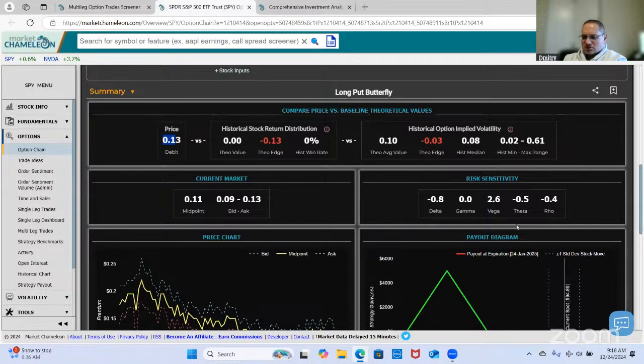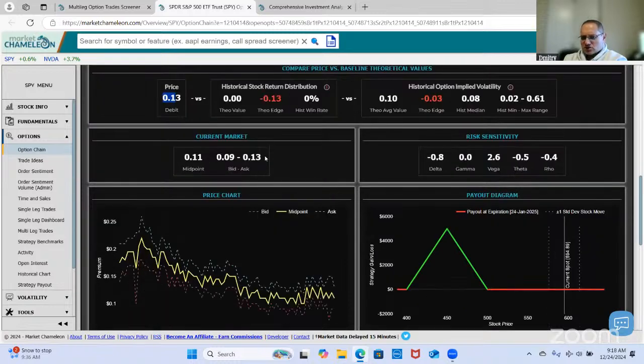I'm going to move down just to save some time. This is the current market. So we see that the bid and offer is 9 cents, 13 cents. It's 4 cents wide. And it doesn't seem that wide. 4 cents is relatively narrow, but we are dealing with a low price. 9 cents, 13 cents, it's a very low priced spread here.